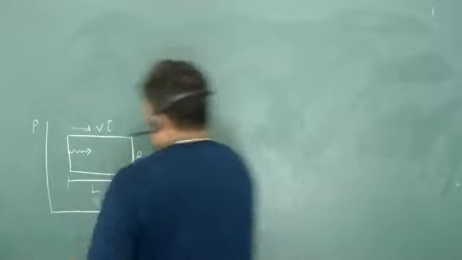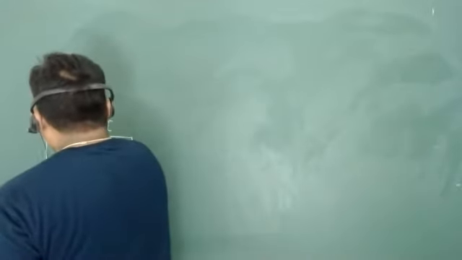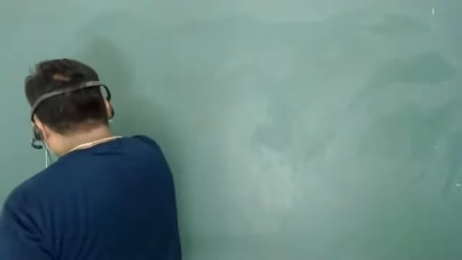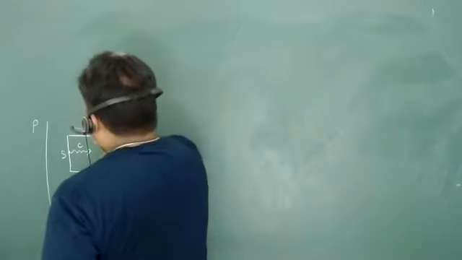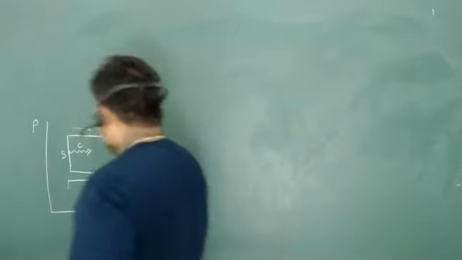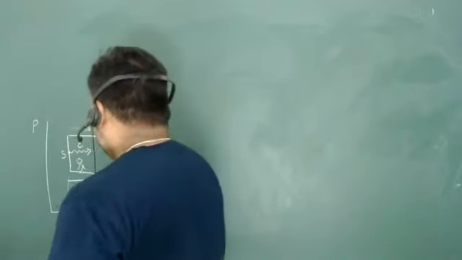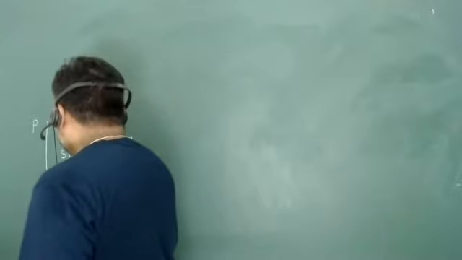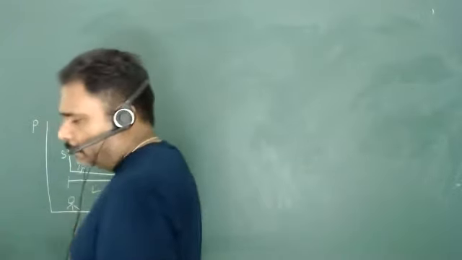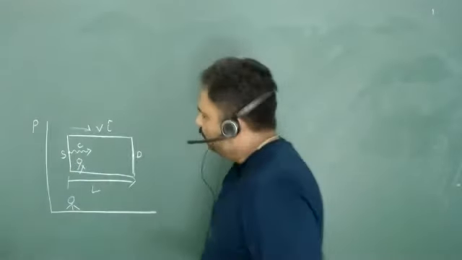So this is my source, and this light pulse will move with speed c with respect to the rest frame of the train. Okay, so there are two observers. One observer is sitting on the train and another observer is sitting on the platform. So we have this particular situation.